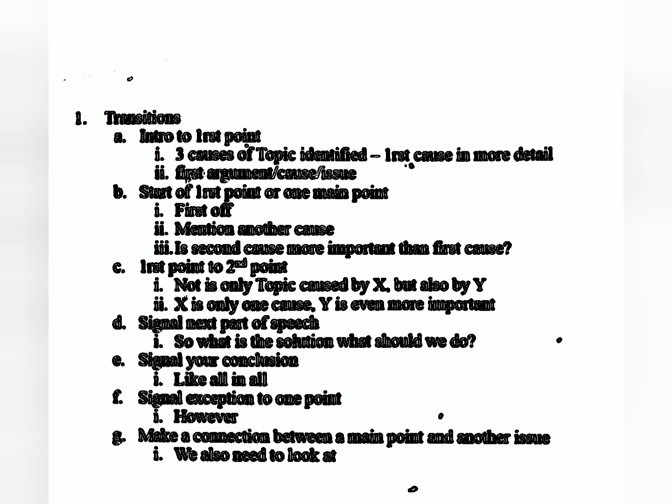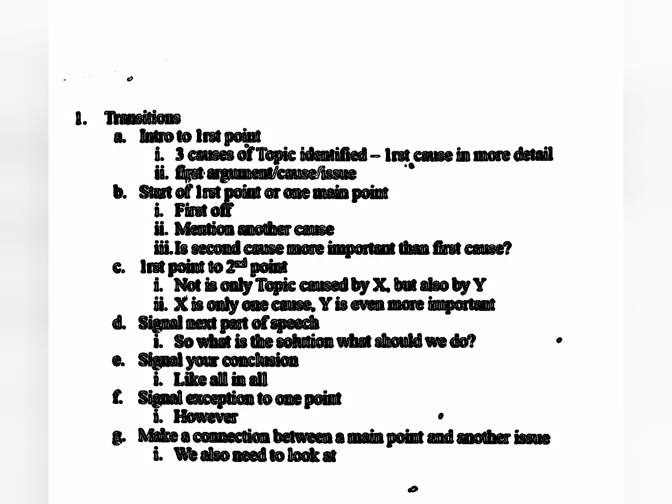C. First point. 2. Second point. Not only is topic caused by X, but also by Y. X is only one cause. Y is even more important. D. Signal next part of speech.